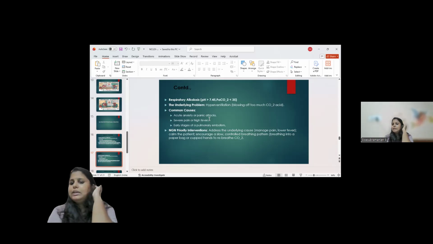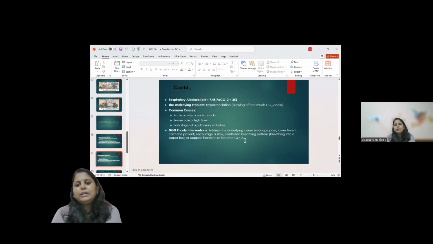When it comes to the NCLEX priority, first we have to address the underlying cause. So what are the causes in the particular case? For example, we can manage the pain, lower the fever, and calm the patient if the patient is restless or panicking. We have to encourage a slow, controlled breathing pattern in acute anxiety or panic attack.